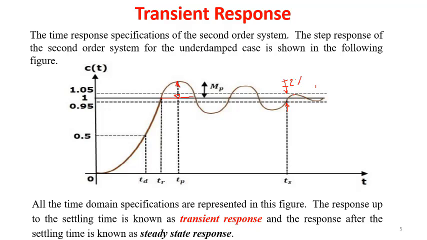Here the band is 5%, hence the value is going to fluctuate from 0.95 to 1.05. When it starts and remains within this, that period of time we call the band period, and where it started, that is called the steady state period, and until that period we call it the transient response.